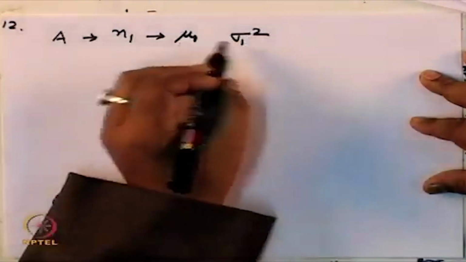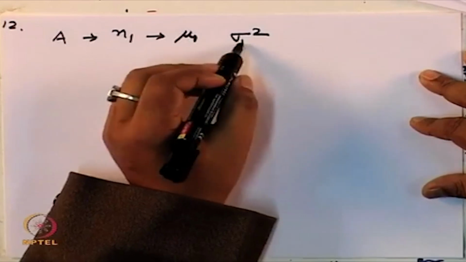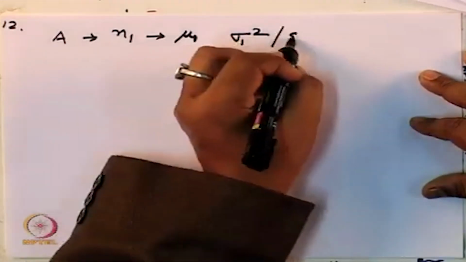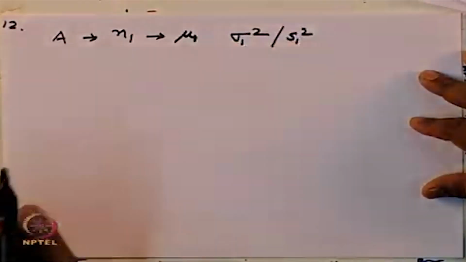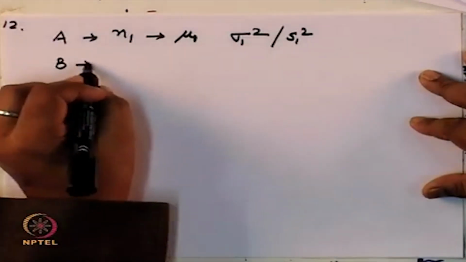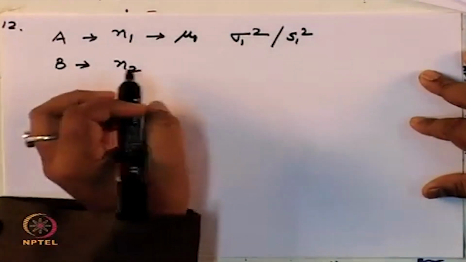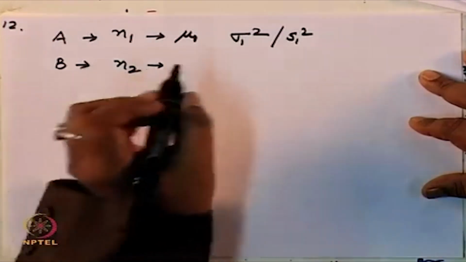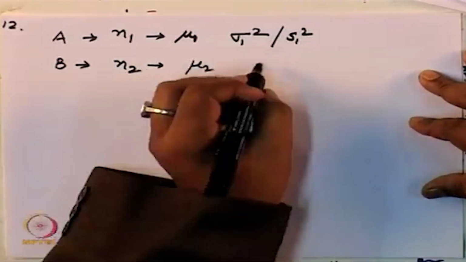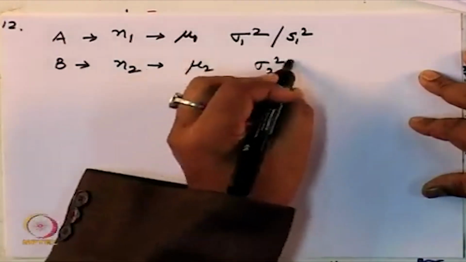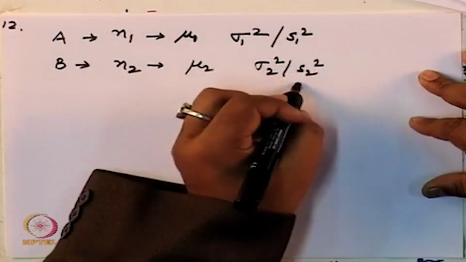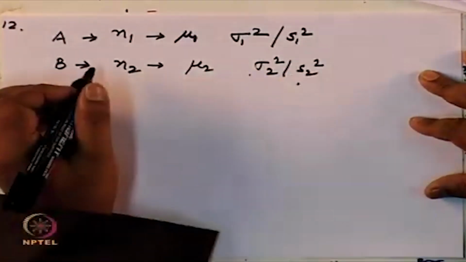If it was for the whole population, this is sigma 1 square, but if it is for a sample, it is S 1 square. Similarly, for drug B, you sampled N2, and the population parameters can be either mu 2 and sigma 2 square, or S 2 square if it is for a sample.